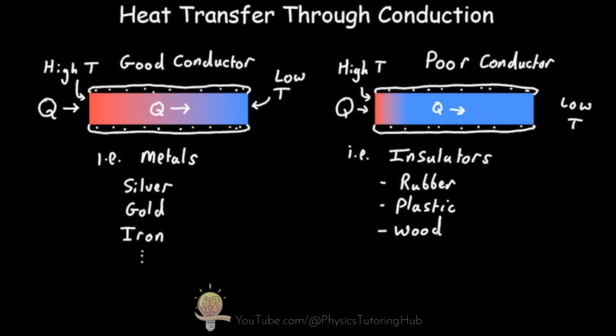Insulators also transfer heat energy through thermal vibrations in their nanoscopic structure, but they do not have the added benefit of free electrons to speed up the process. Now, of course, material science is far more complex than this, but this gives you a higher level overview of what's happening at the nanoscopic scale.